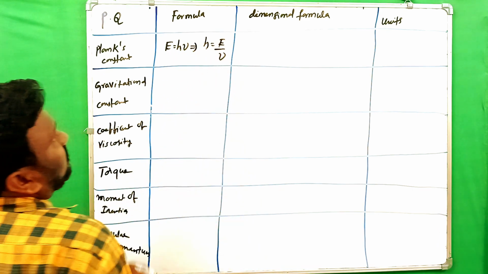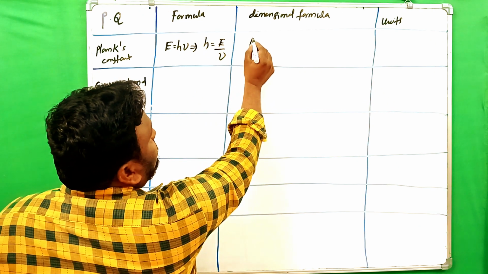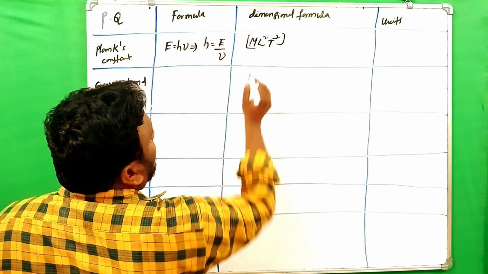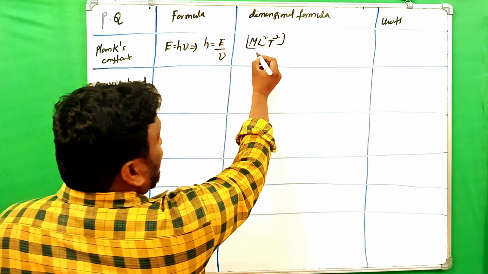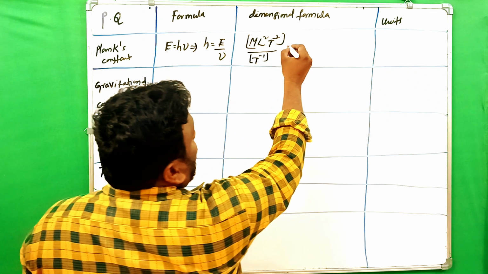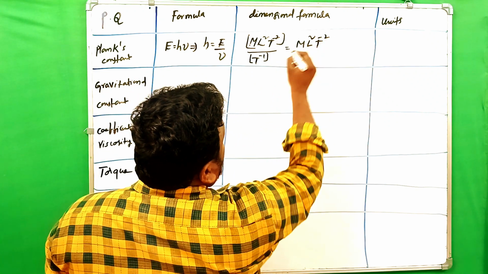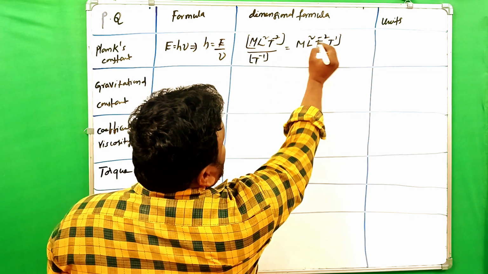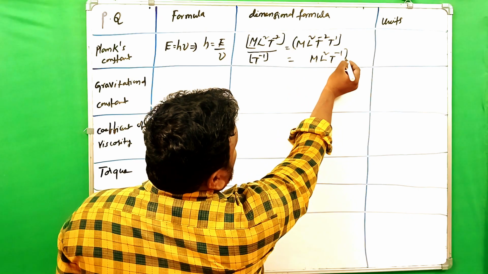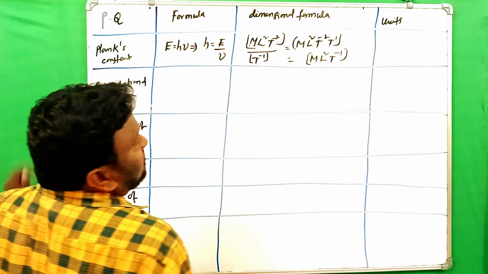Energy has dimension formula M L square T inverse 2, and frequency is T inverse 1. Then we get M L square T to the power of minus 1, the dimension formula of Planck's constant.